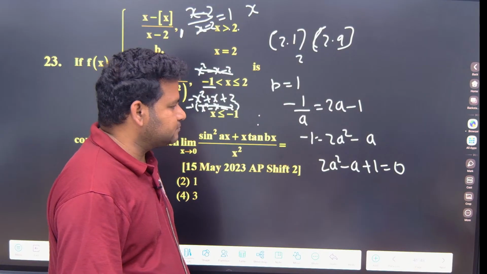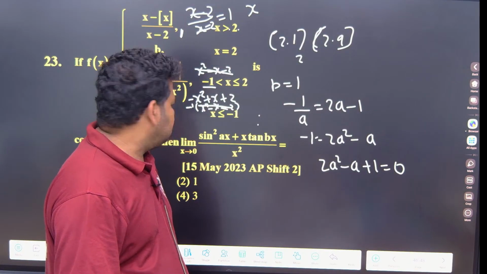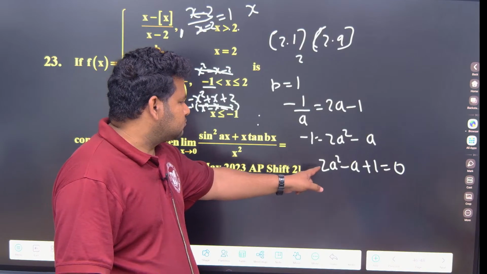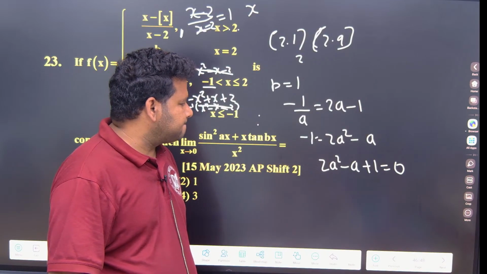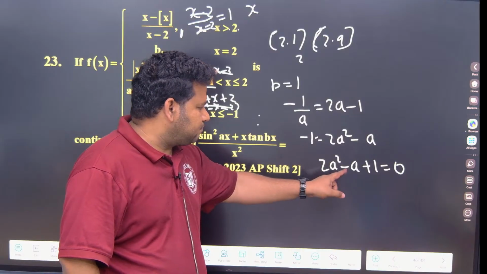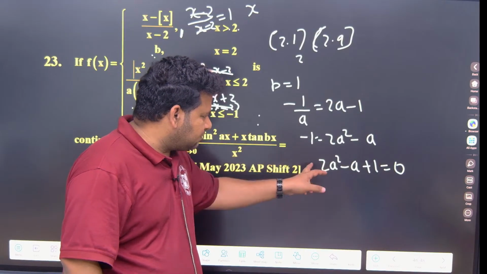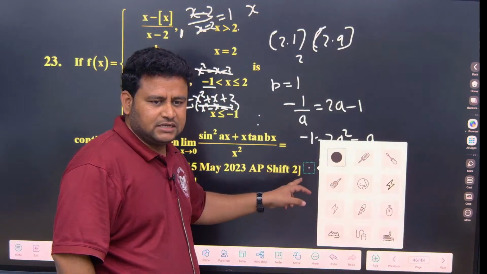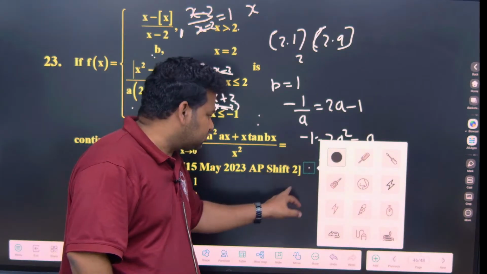How will you do this? Minus 2a plus a would give minus 2, but here it is plus 2.